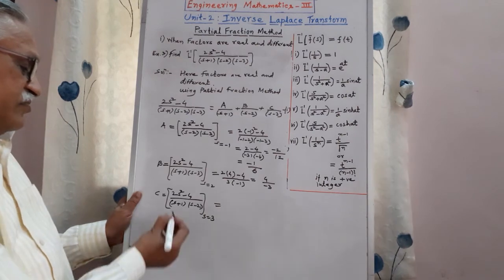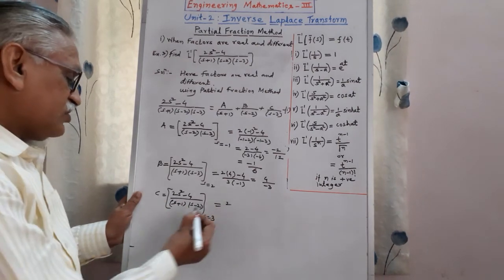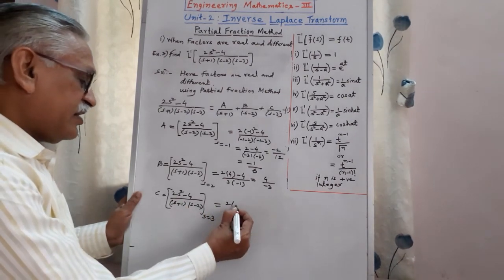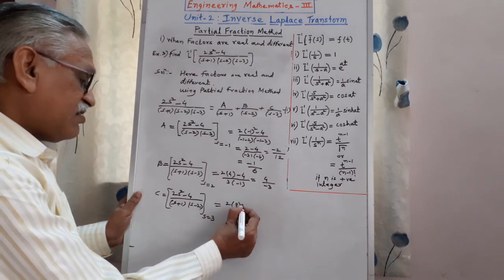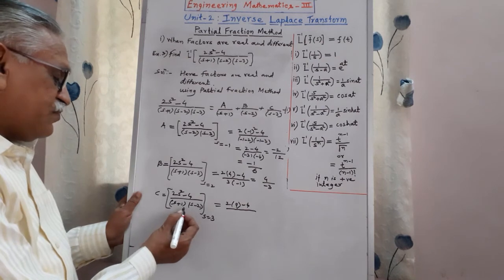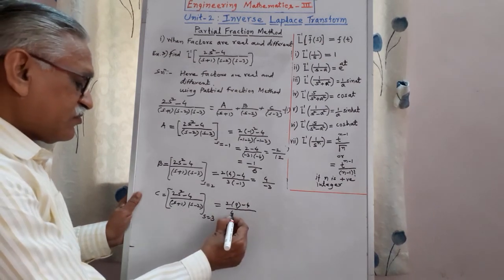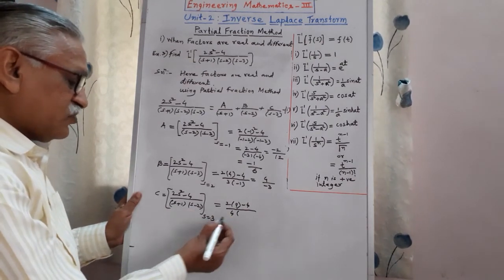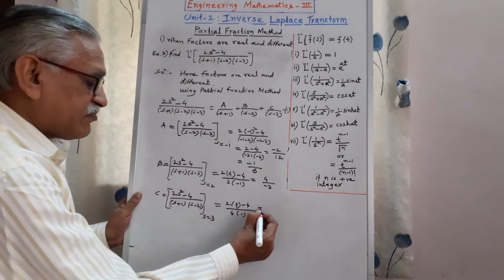Then it is 2 times 3 square, 3 square is 9, minus 4, divided by 3 plus 1, which is 4, and 3 minus 2, which is 1.